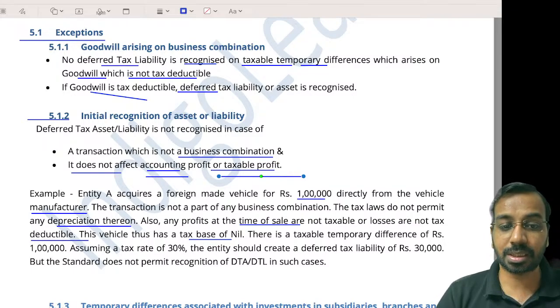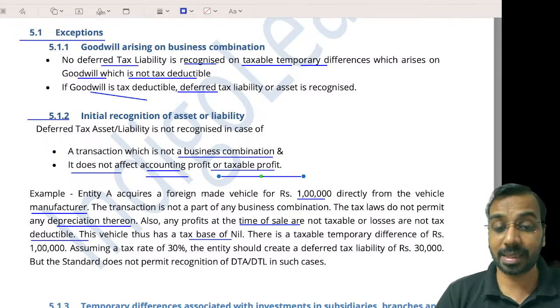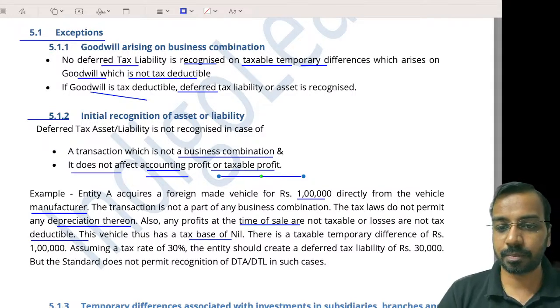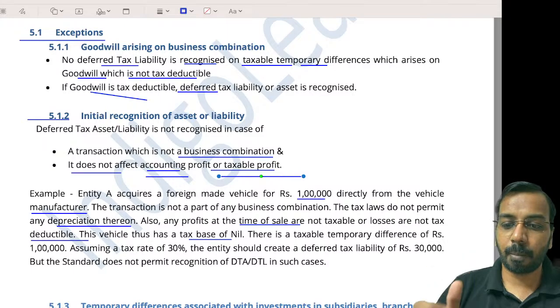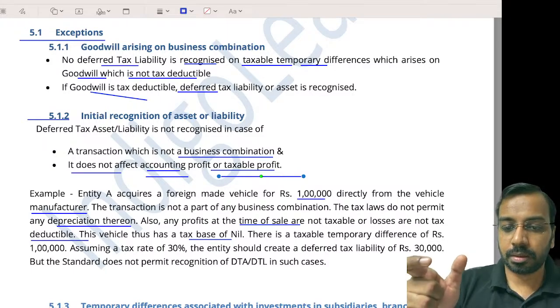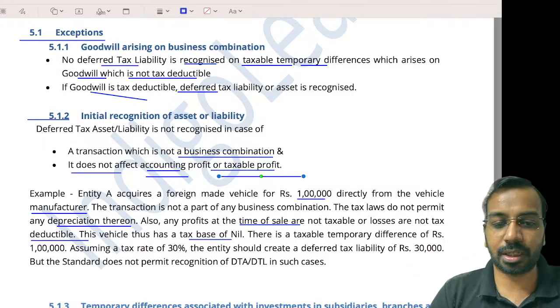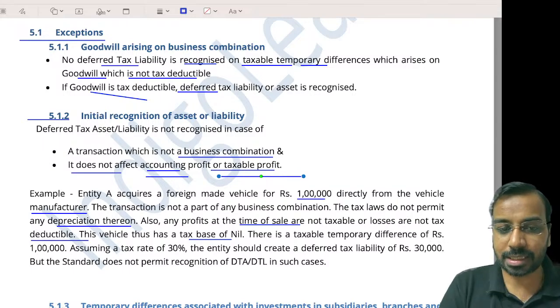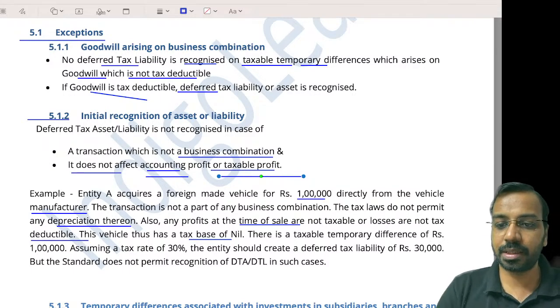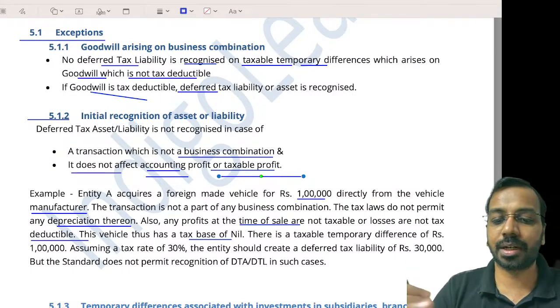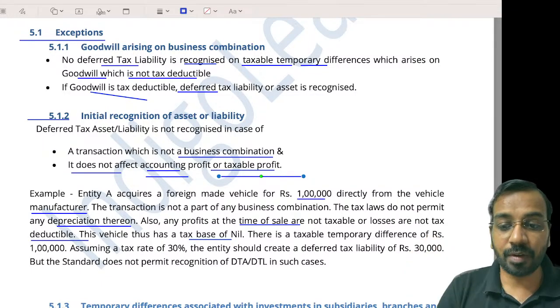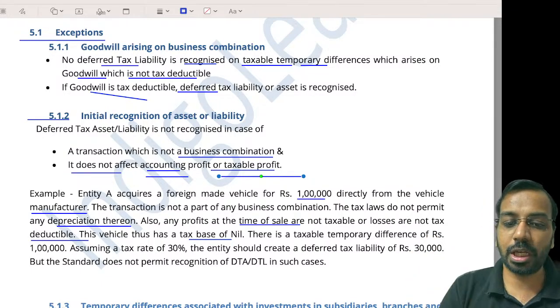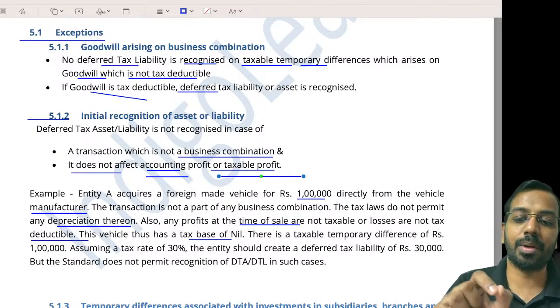For examination, just remember that there is something like an exception list. Now here one more item is added. There is a third condition added here. First condition, second condition. The third condition says that the taxable difference or the deductible difference which arises on account of initial recognition at the time of transaction does not give rise to equal taxable and deductible temporary difference.